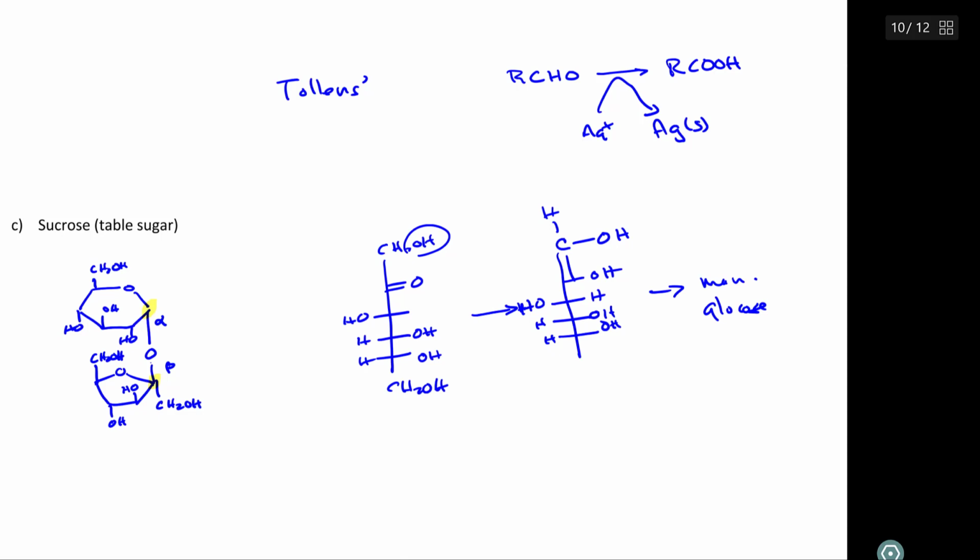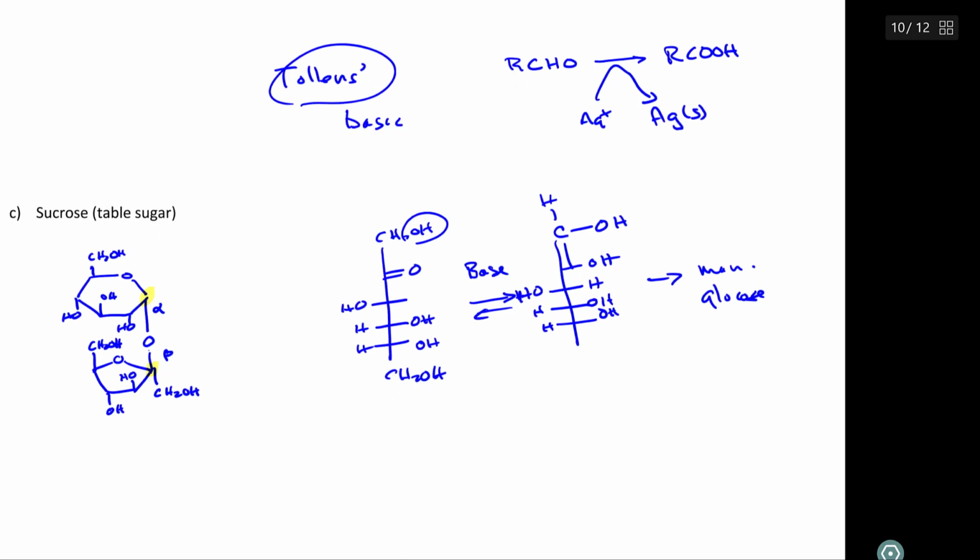Once it's in the mannose or glucose form, it can react with Tollens reagent, and by reacting with Tollens reagent you can pull this equilibrium. This is an equilibrium in basic solution, so it requires base, and Tollens reagent is in a basic medium. So the base in Tollens reagent allows the enediol to form, and that causes the interconversion of fructose to mannose and glucose, and then you can oxidize it.